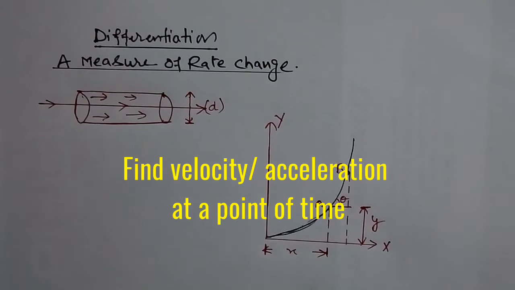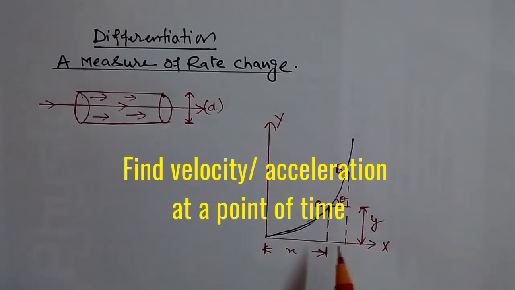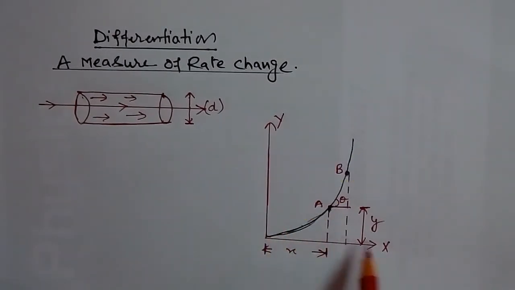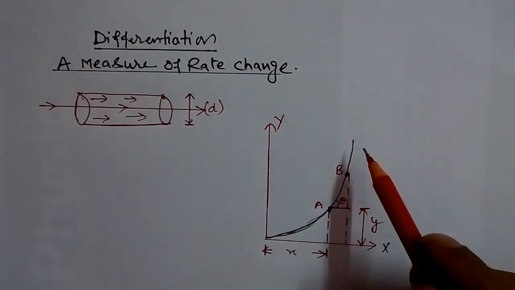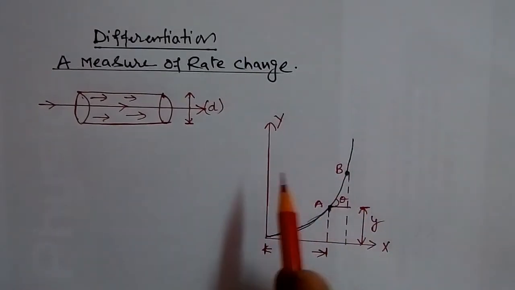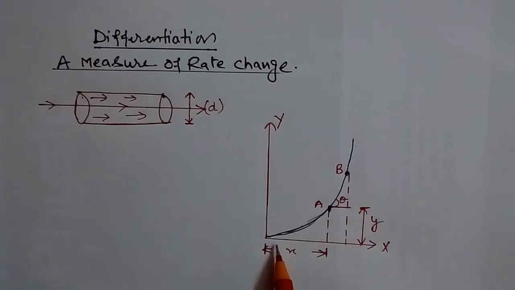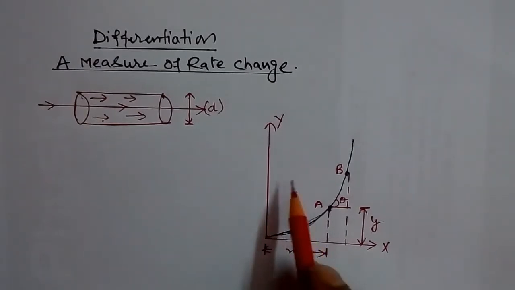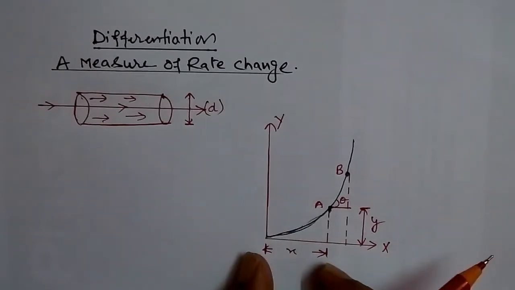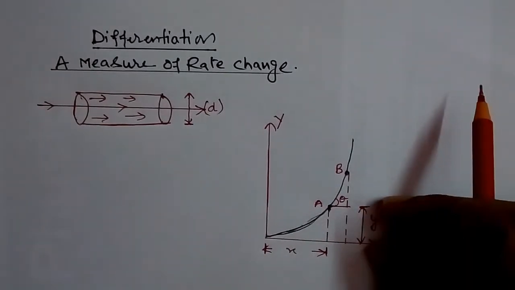Students, let us try to understand this particular graph. Here we have drawn a graph which consists of a curve. We have two axes, x and y. Here we are choosing two quantities, y and x, which are interrelated as follows. This is the length x and this is the length y.